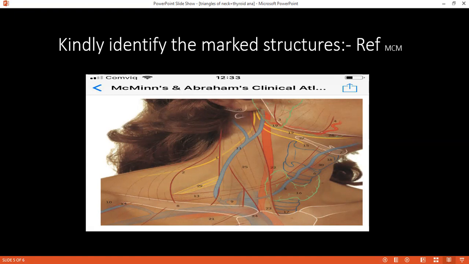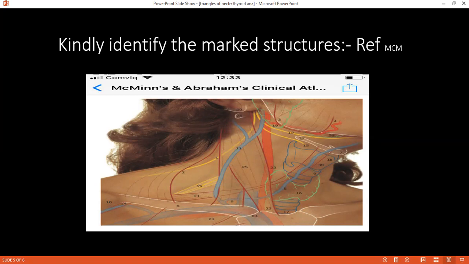The other point is between the upper third and lower 2/3 of the trapezius. What is the significance of knowing the surface marking of this structure, number 11? It is commonly used to insert a central venous line.